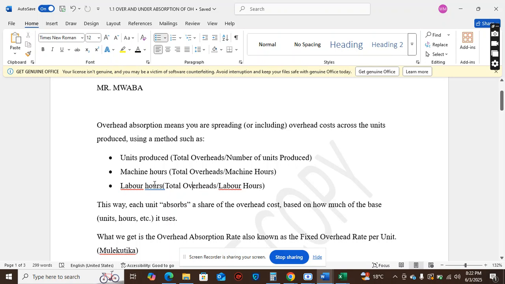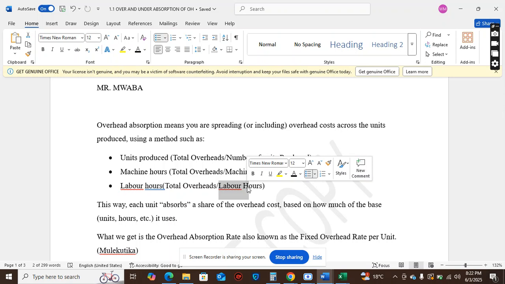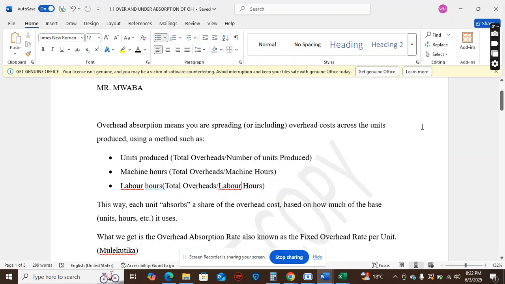Get the total overhead cost divided by the labor hours, and then you have included the overhead costs into the units through labor hours. So that's what overhead absorption means: just including the overheads in the cost of the units that you are producing.